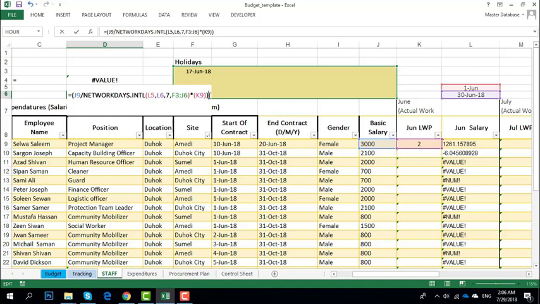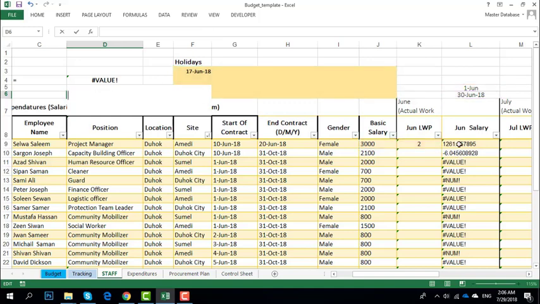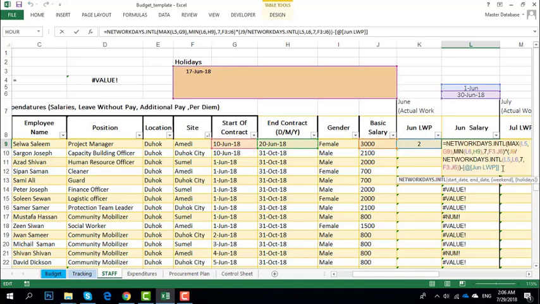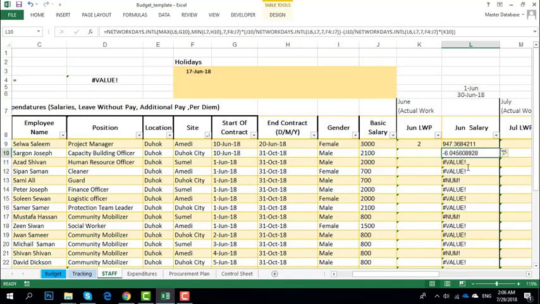Done. Come here, cut. Let's come here. No, that's not acceptable. So minus what? Minus this. Yes. Now her salary is 947.